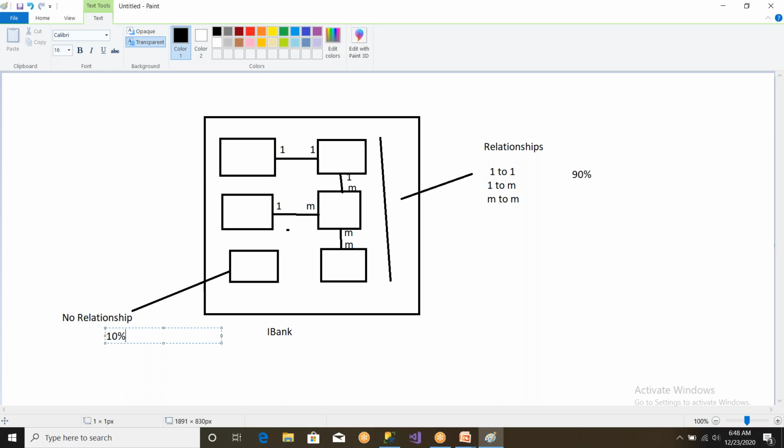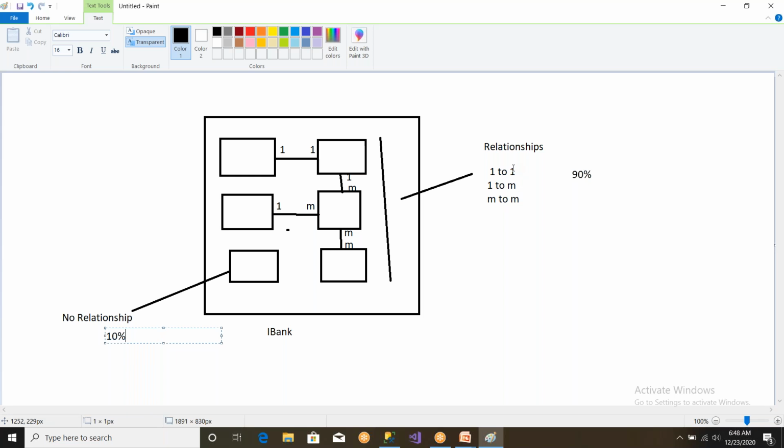Clear? The relationship would be one to one, one to many, or many to many. If you reverse this, it will become many to one. One to many, many to one. Just reverse the table structures. That's it. Clear? Because of this relationship only, database management is called a relational database management system.